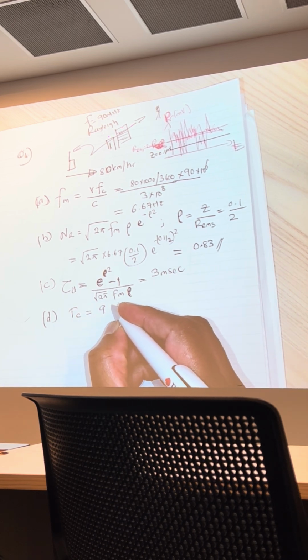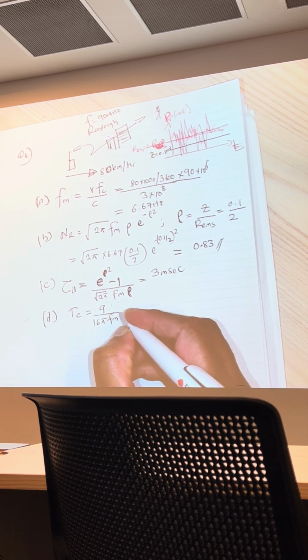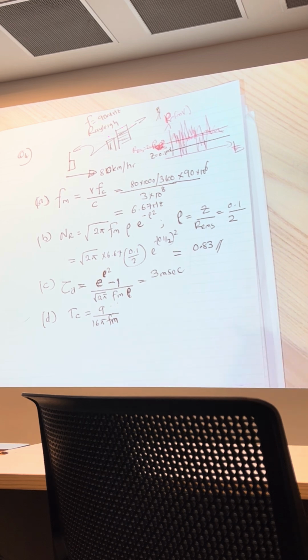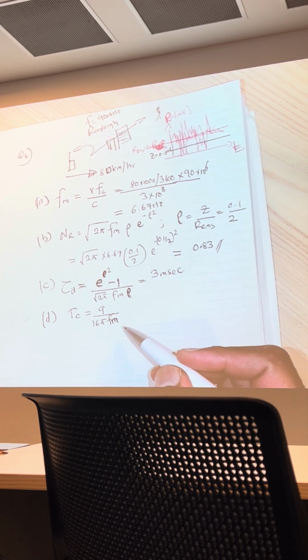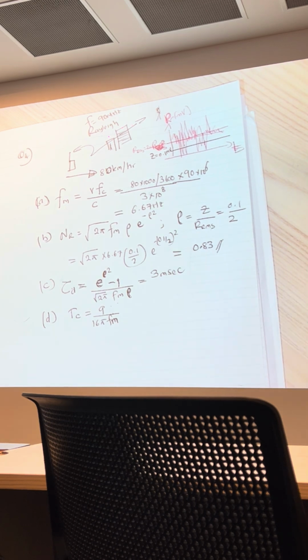It's an approximation, but it's given by 9 over 16 pi Fm. So that's inversely proportional to the Doppler. In a zero Doppler environment, the channel doesn't change. So that's what it means.